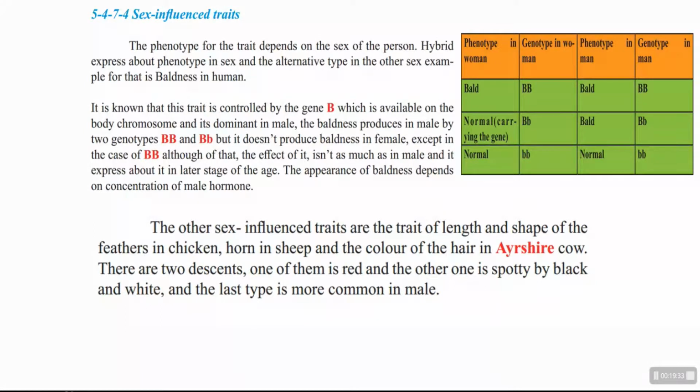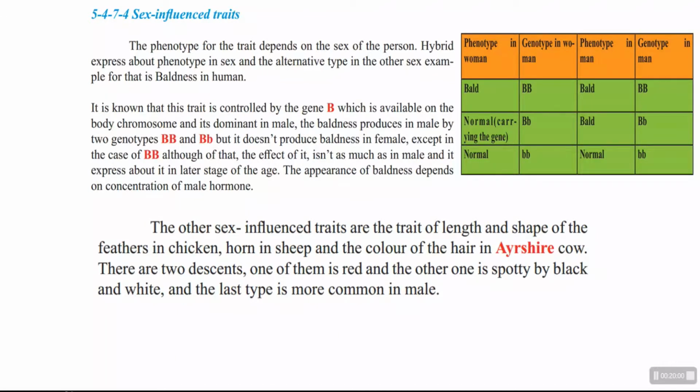Sex influenced traits. The phenotype for the trait depends on the sex of the person. Hybrids express one phenotype in one sex and an alternative type in the other sex. An example for that is baldness in humans. It is known that this trait is controlled by the gene capital B, which is available on the body chromosomes, but not the sex chromosomes.